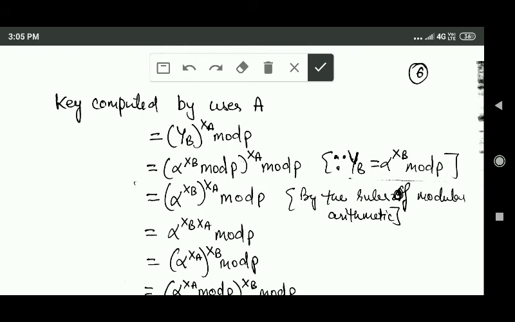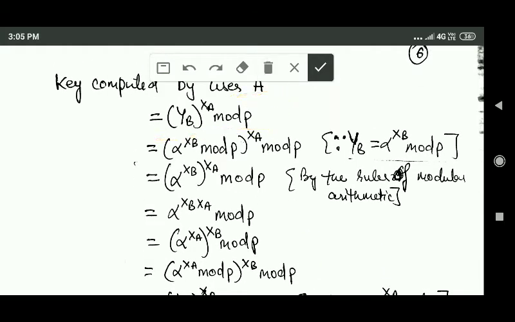Now see how user A computed the key: yb raised to power xa mod p, right? Now what is yb? yb is equal to alpha raised to power xb mod p.